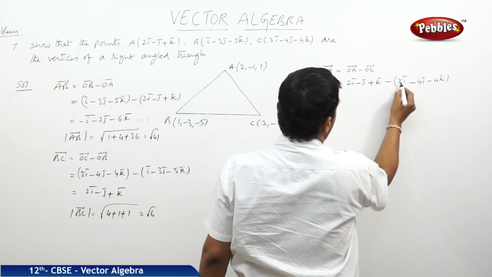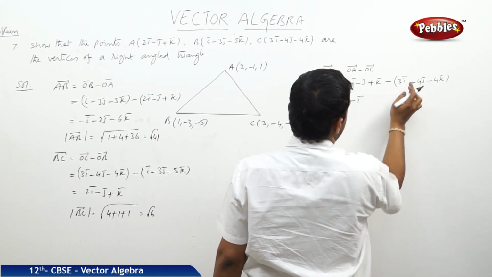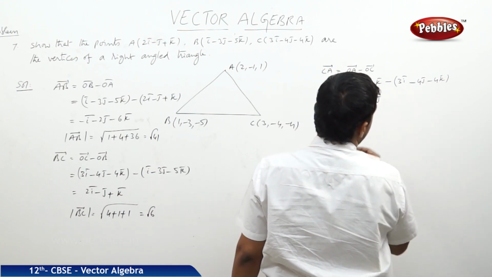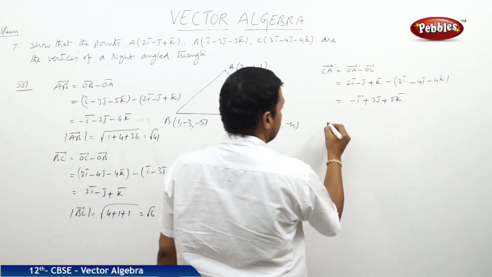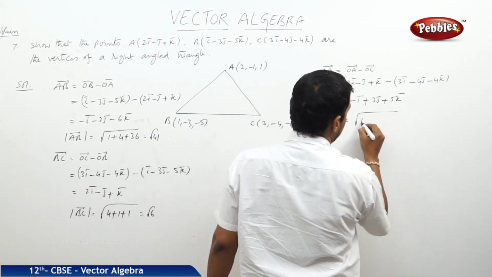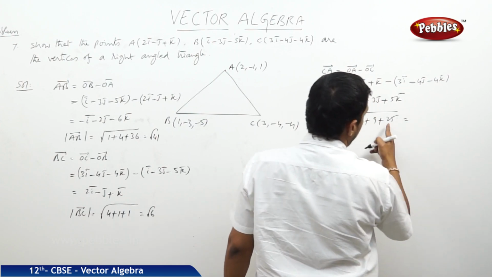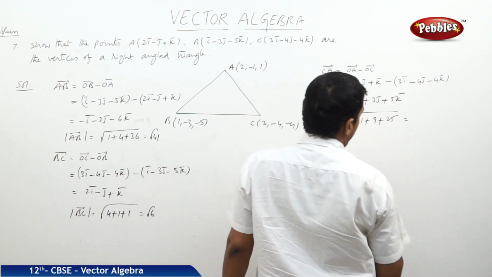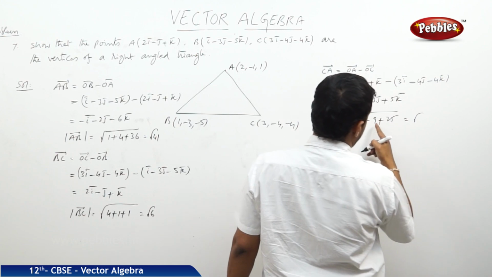Now this is 2I minus 3I is minus I, minus J plus 4J is 3J, plus K plus 4K is 5K. Now this is the vector CA, and let us find the magnitude, that is minus 1 whole square 1, 3 square 9, 5 square 25. This is 25 plus 1, 26, plus 9, 35.